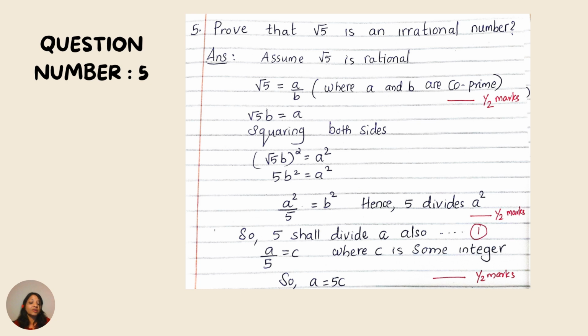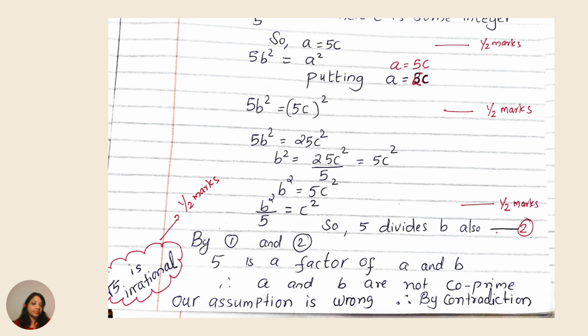So again you will get a half mark. Then 5 divides a. Then assume another one, a by 5 equals c. Then again you have to cross multiply and get a equals 5c. So you get another half mark. See, all these steps are very important. The half marks, as I mentioned, you have to write. Then in the next step, a equals 5c, you substitute this a in 5b square equals a square.